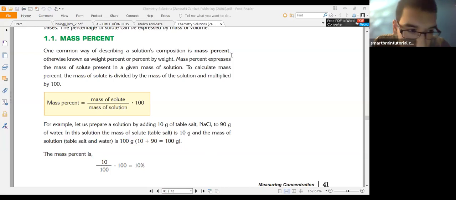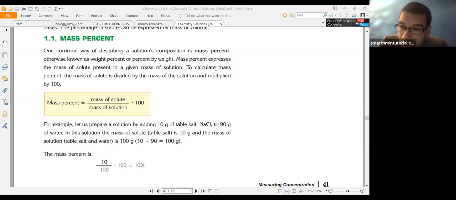You have probably learned about mixtures. Yes. Okay, we have heterogeneous mixtures and homogeneous mixtures. Solutions, aqueous solutions, are a type of homogeneous mixture.